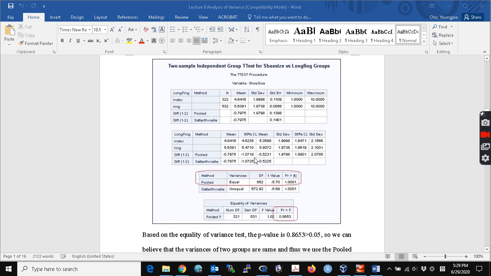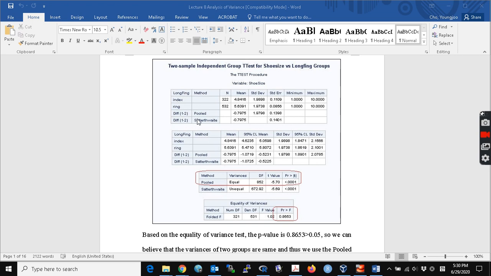As I said before, there are three components in this two independent group t-test. The first one is the descriptive statistics for long thing in this case. The second one is the mean and 95% confidence limit of the mean, and the standard deviation and 95% confidence limit for the standard deviation.